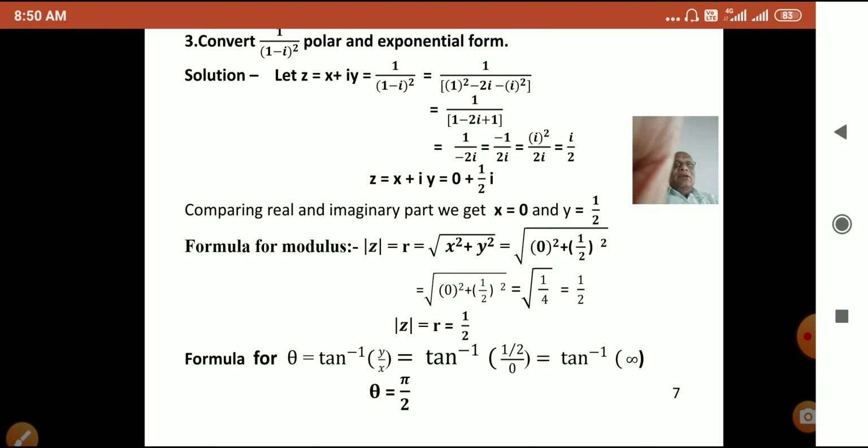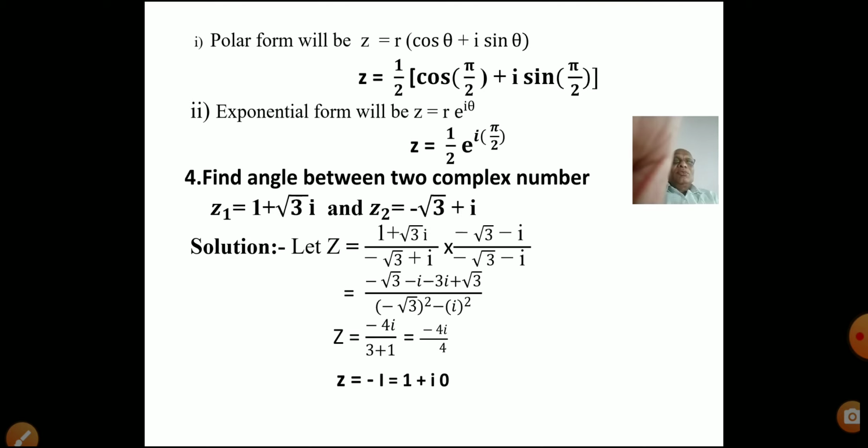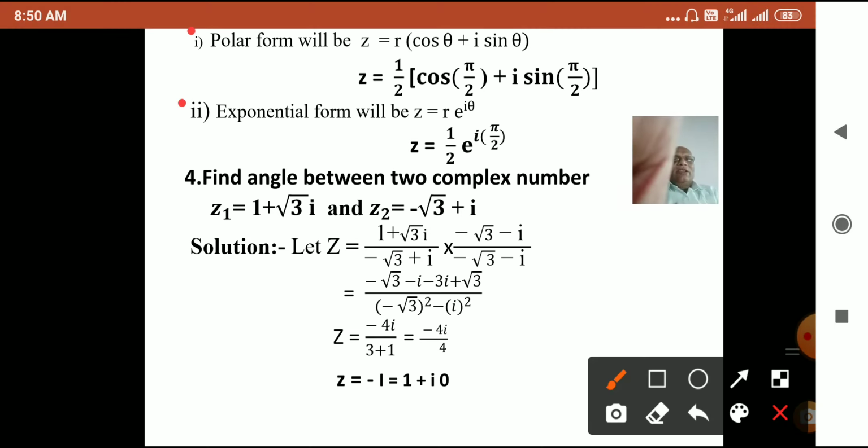Now here we get the value of r as 1 half, we get the value of theta as pi by 2. Now if we know these values, we can convert the complex number into polar and exponential form. So polar form is z equal to r into bracket cos theta plus i sin theta. So substitute the value of r as 1 half and theta as pi by 2.